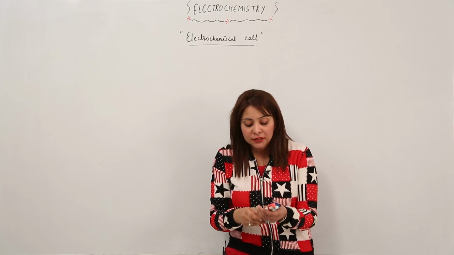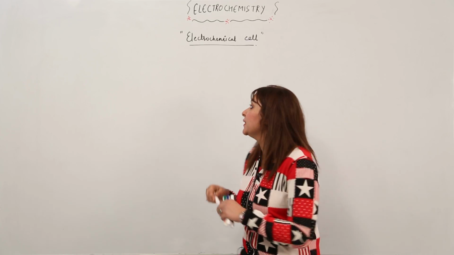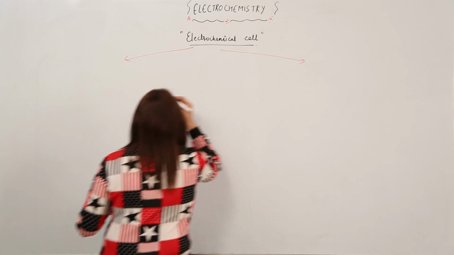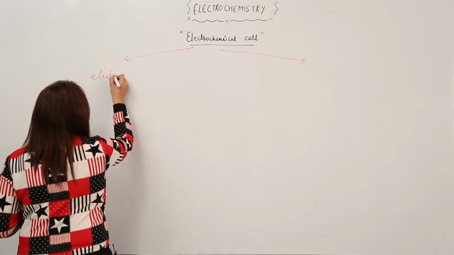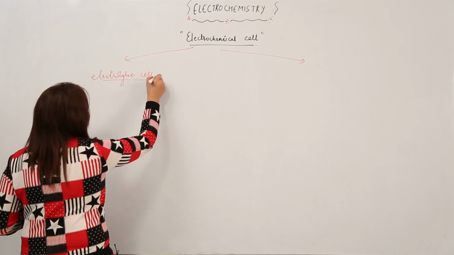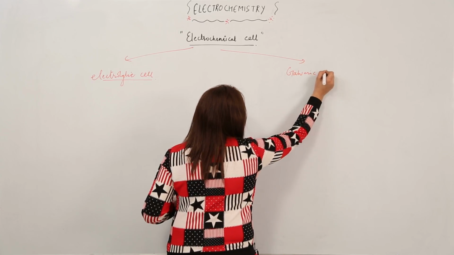So depending upon how the arrangement is there, electrochemical cells are basically of two types, right? One is an electrolytic cell and the other is the galvanic cell, right?